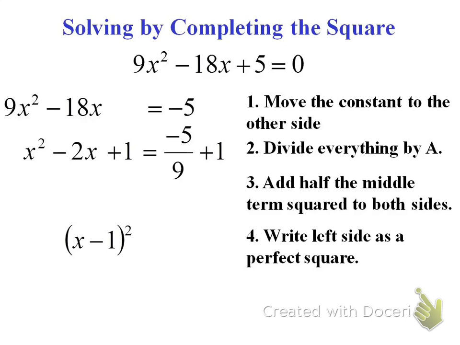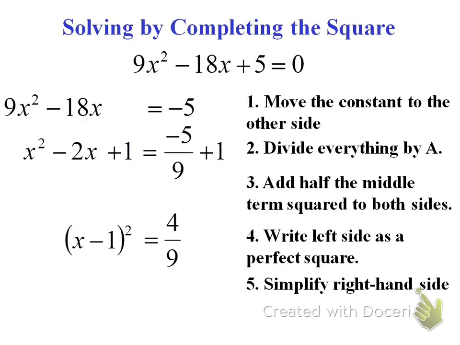Right? That's the whole point. We want it to be a binomial squared. And then you just simplify the right side as well. So we're adding fractions here. That'd be like 9 over 9, which would be 4 over 9 when you added it. Any questions on the process so far? Kind of a weird way to solve, but you guys will get used to it as we do more and more.